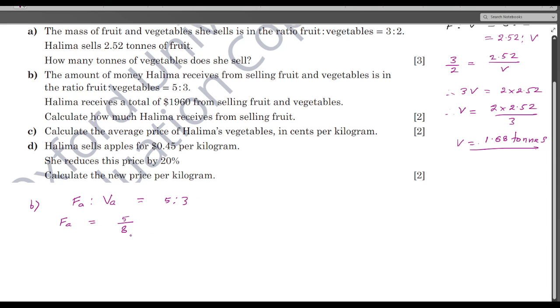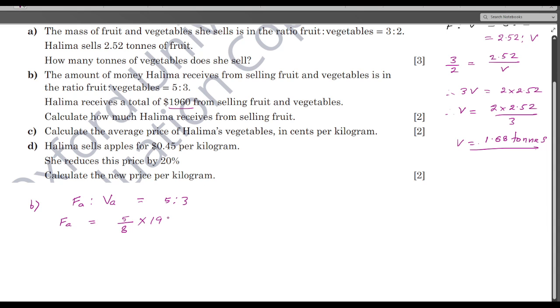So it is 5 divided by 8 times the total amount she receives, which is 1960.